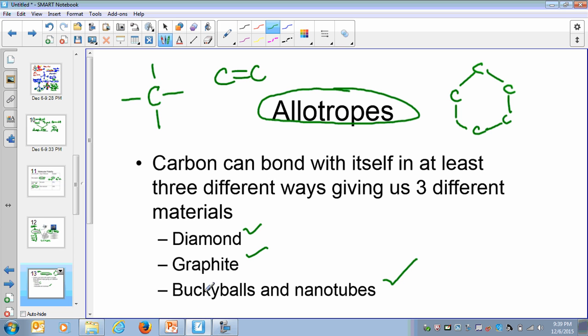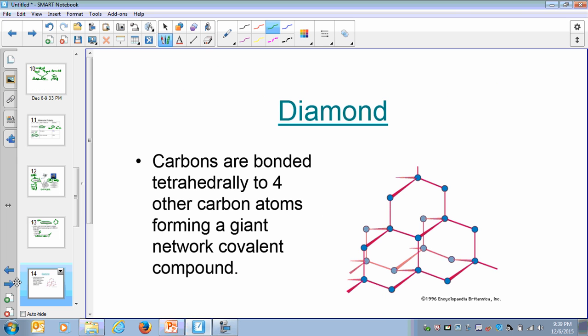These buckyballs, fullerene, graphene and nanotubes are the latest additions to the allotropic forms of carbon. To begin with, we only knew about two allotropic forms of carbon, and we're pretty familiar with those, diamond and graphite. Let's talk about them in detail.